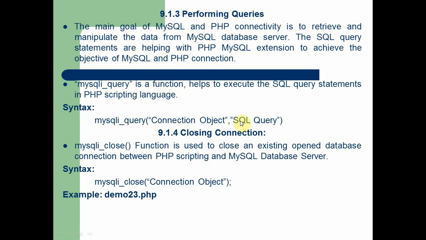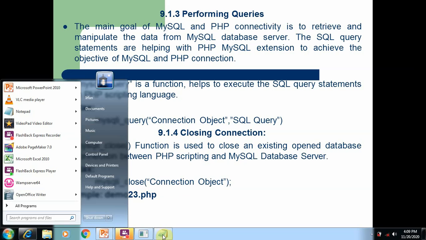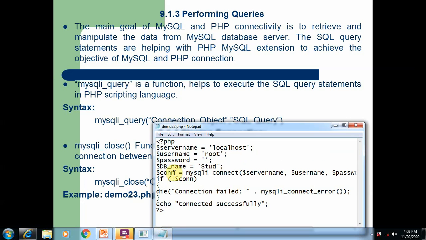After putting a comma, we set the SQL query. This is explained in demo23.php. After accessing the query, if you want to close, we can use mysqli_close and mention the connection object here. In this file, the connection object is conn.